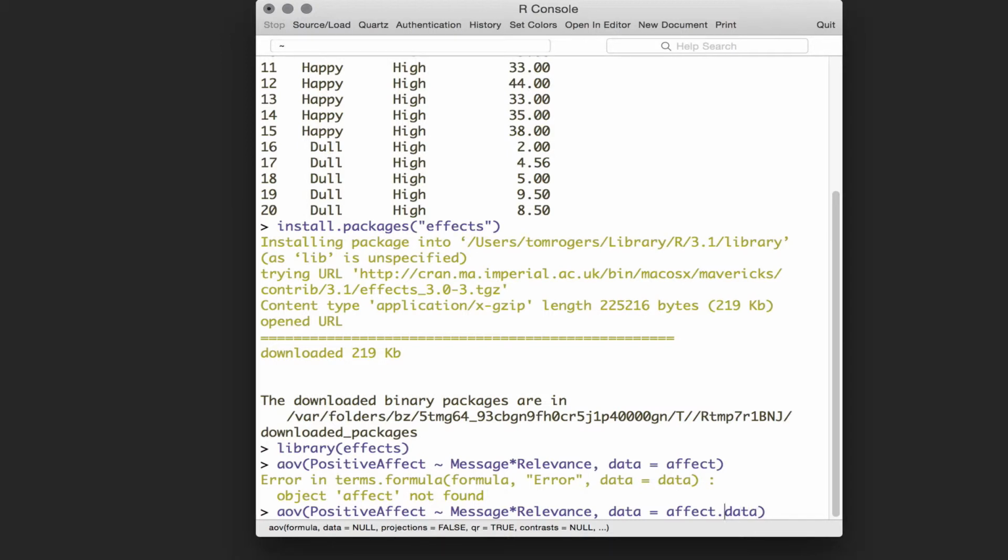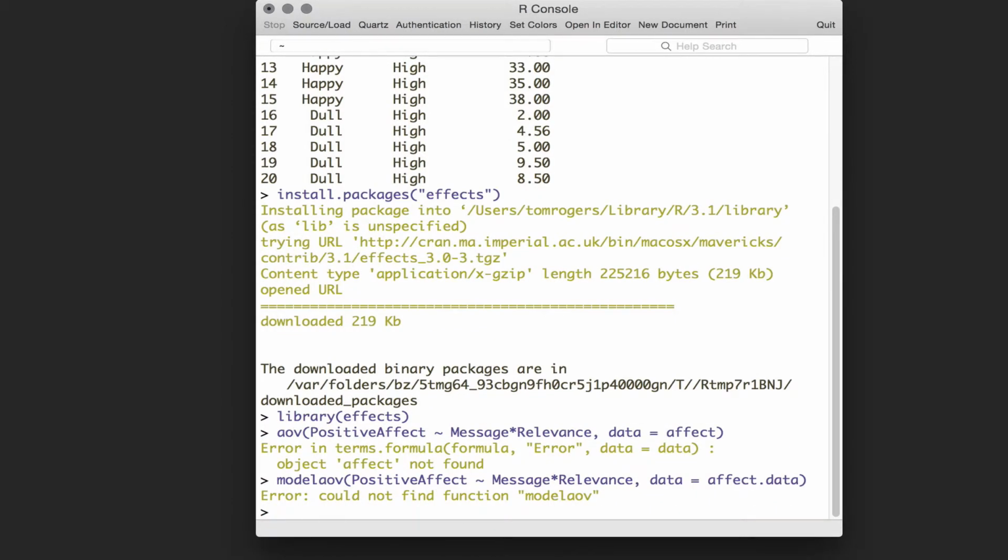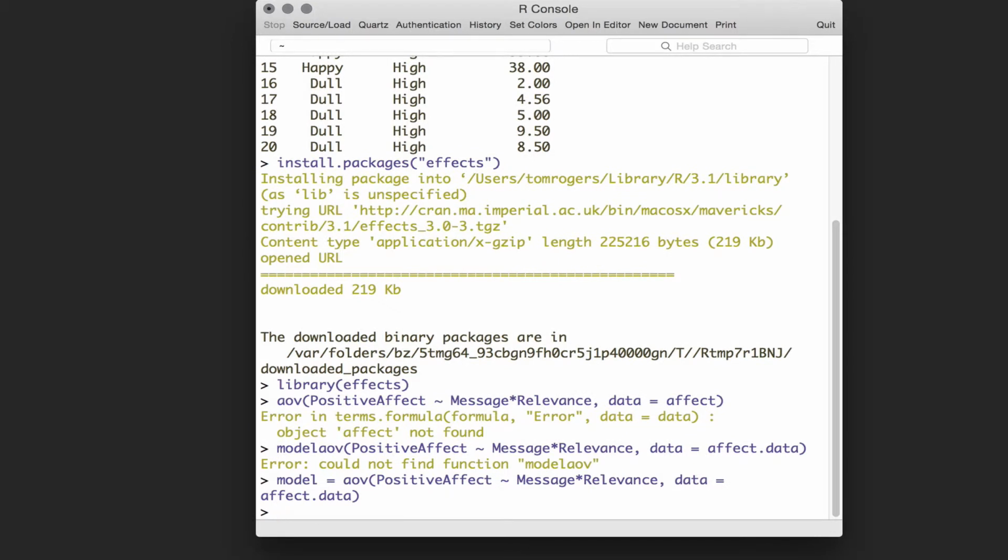We also need to store this in an object so we can get summaries out of it like we did in the last video. So I'm just going to put that all in an object called model, and I forgot the equal sign, sorry. We're going to store that all in a model object.